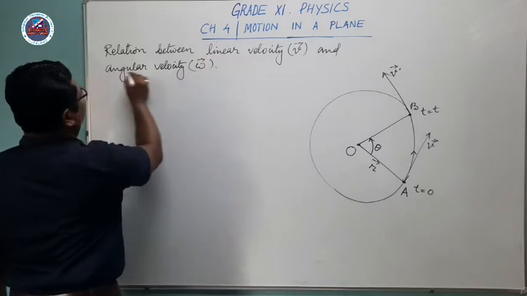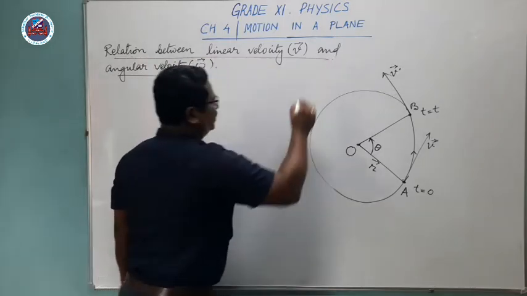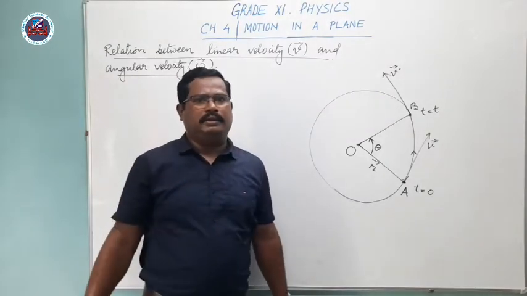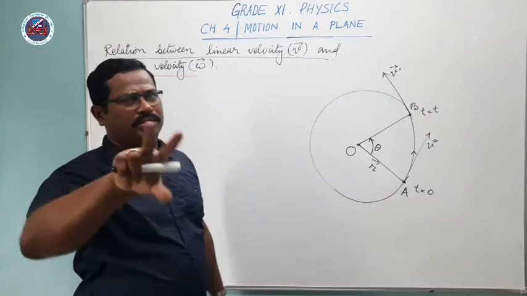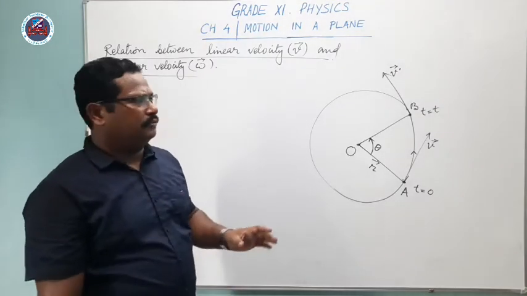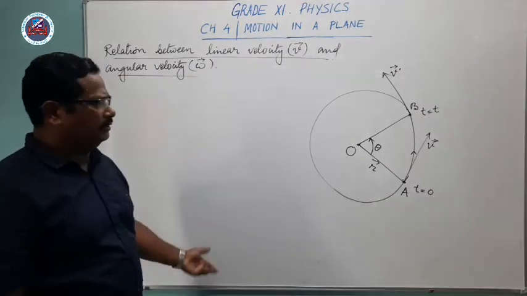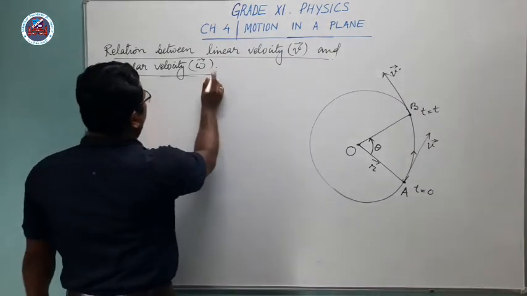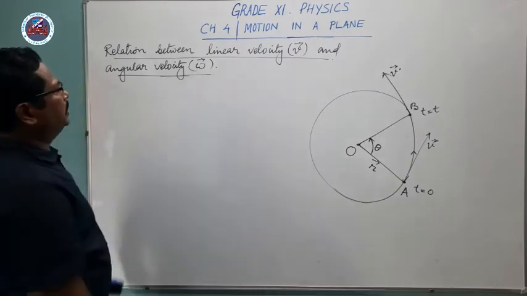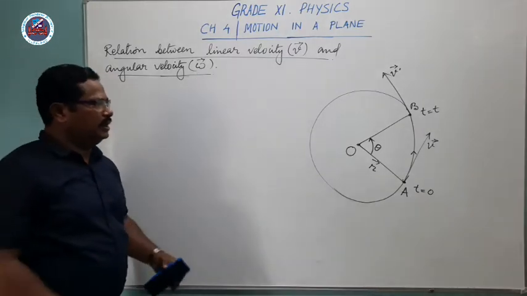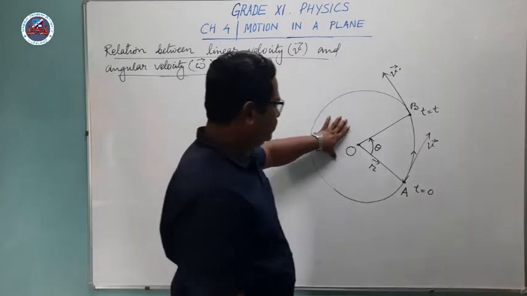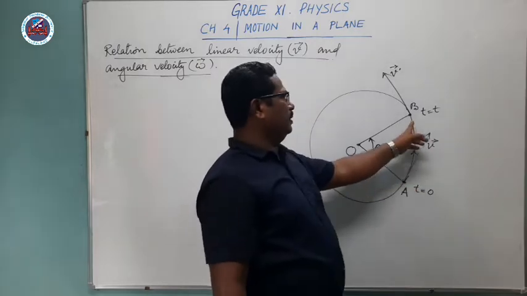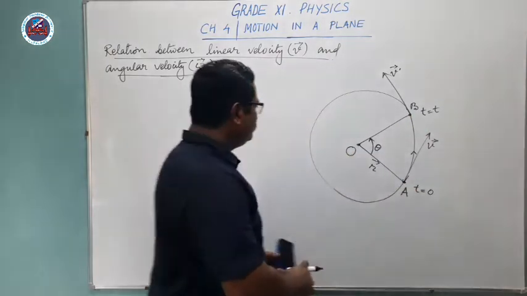While deriving, you can derive it in terms of scalars, and we know that a vector can be represented in scalar form as well, but a scalar cannot be represented in vector form. So while deriving you can use the simple scalar form, and then at last write it in vector form. It's up to your convenience. Now to get the relation between linear velocity and angular velocity, take an example like this. A body starts at t equal to 0 from point A and is moving along a circular path to point B.